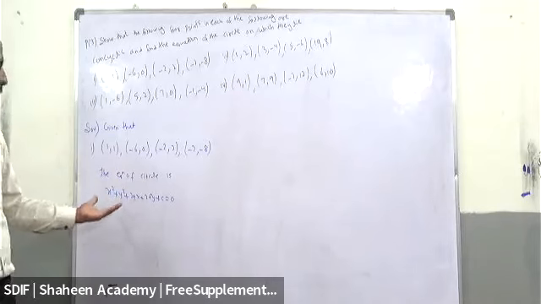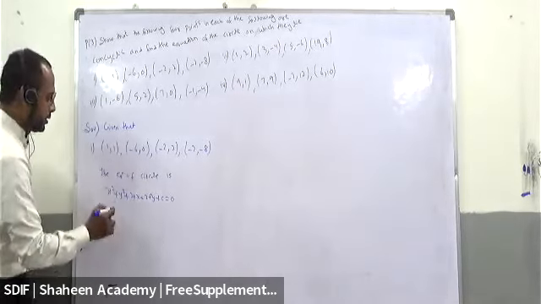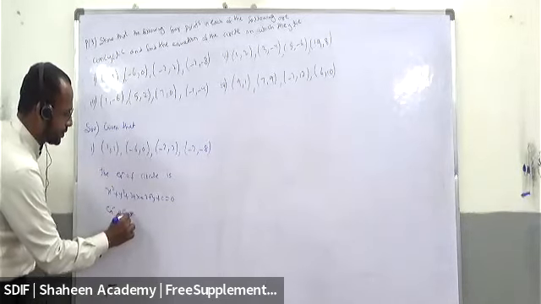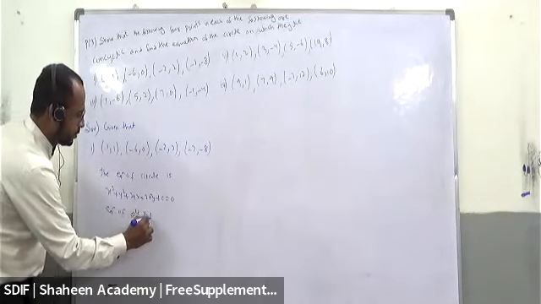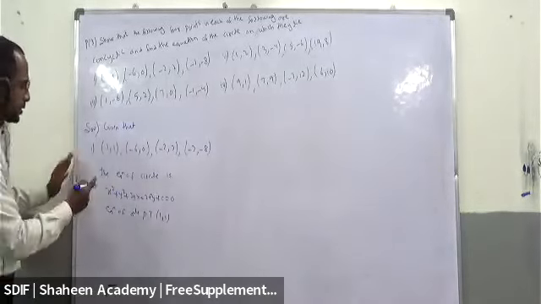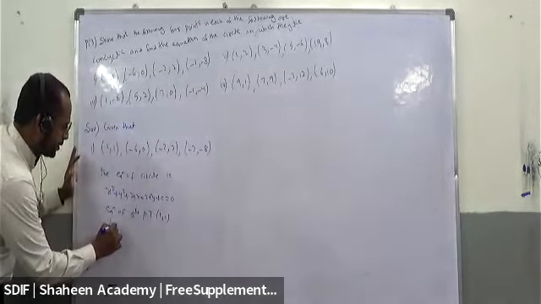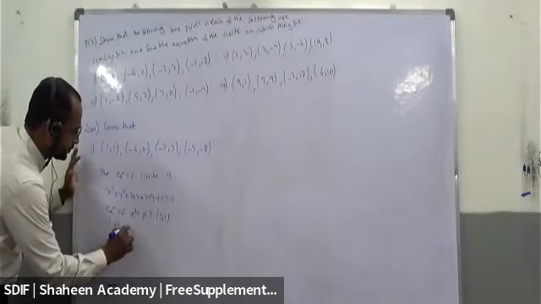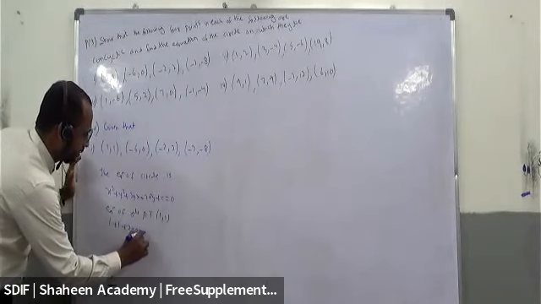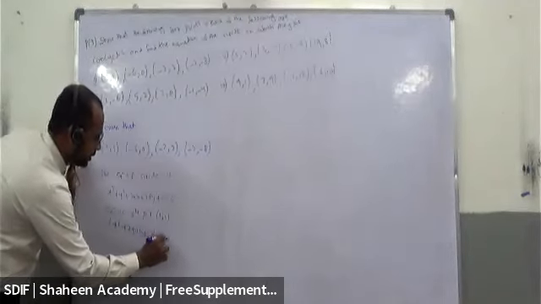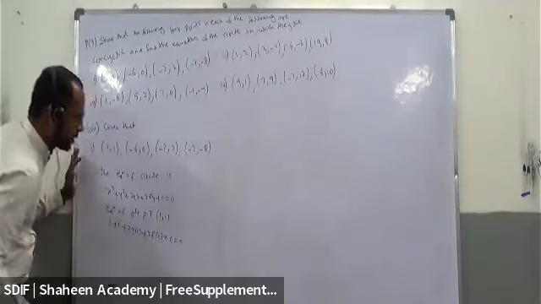I have written the equation of the circle as usual. Now the equation of the circle passing through 1, 1. So this is 1 plus 1 plus 2g on the place of x, 1, plus 2f on the place of y, 1, plus c is equal to 0.